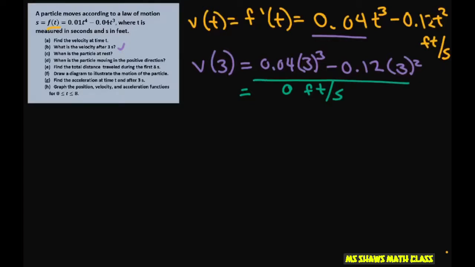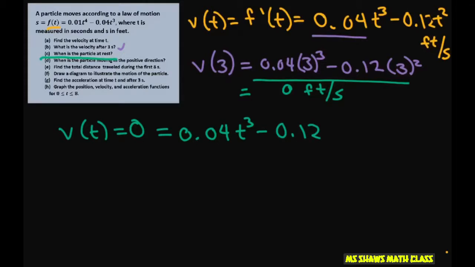All right, for when the particle is at rest, we're doing this one when v of t equals 0. So let's set this equal to 0. We have 0.04 t cubed minus 0.12 t squared equals 0.